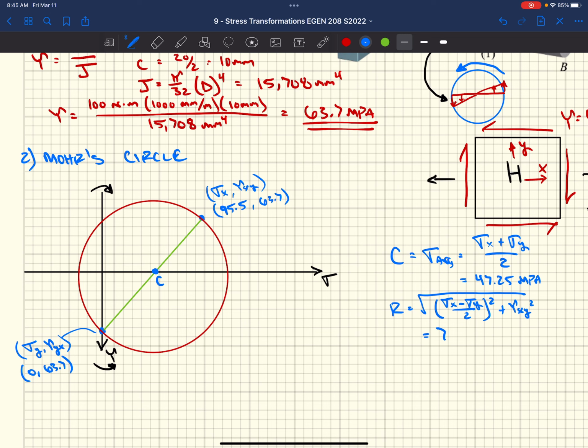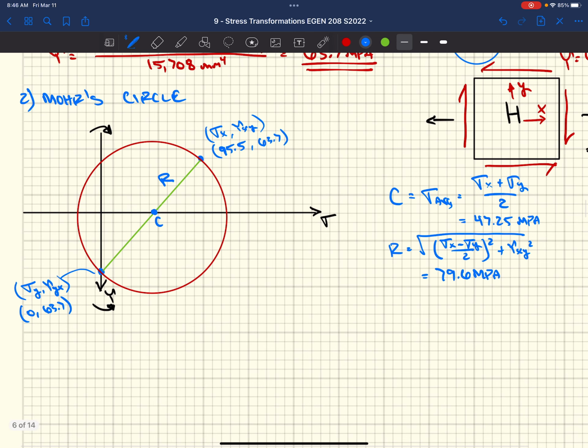Plugging everything in, we get 79.6 megapascals for our radius, which makes sense. 47.25 is really half of 95.5. We started at 0 and we're going to 95.5, so that's the center with respect to the x coordinate. Now we know the components of the triangle. The square root of the sum of the squares gives us the hypotenuse, that's the radius.